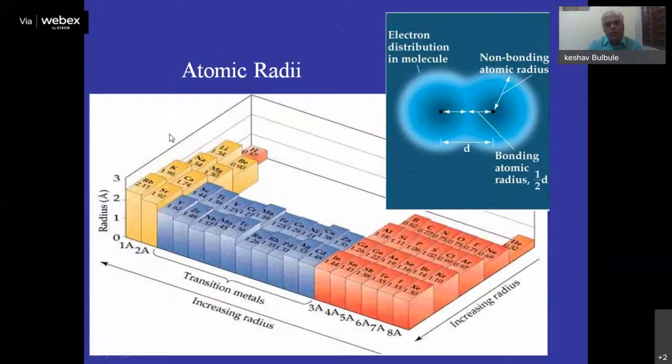Similar to that, we have got atomic radius, which is the rough distance between the center of an atom to the point where maximum electron density is experienced. And you see this trend in going from left to right, the atomic size keeps on decreasing, whereas in going from top to bottom in any group, the atomic size or atomic radius keeps on increasing.